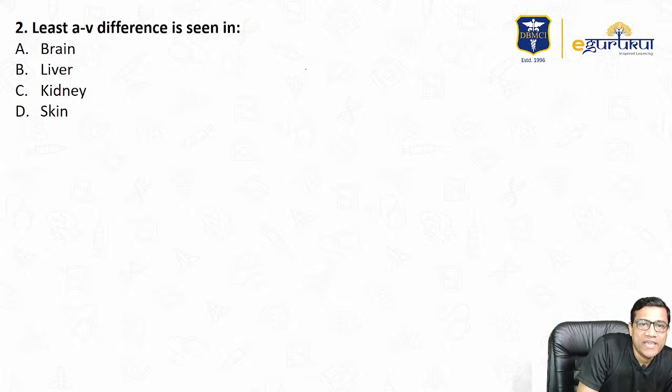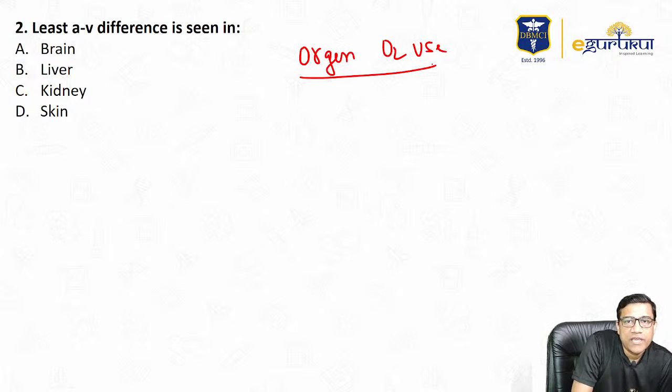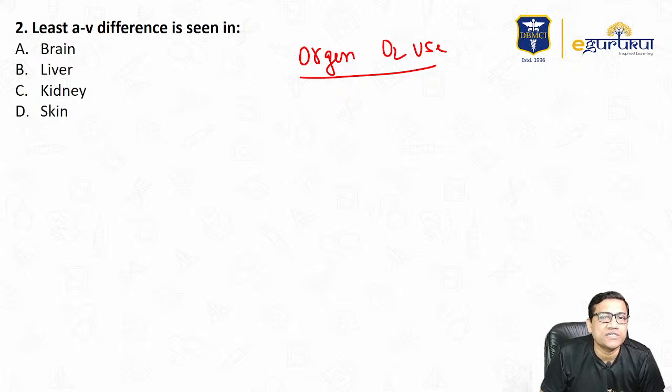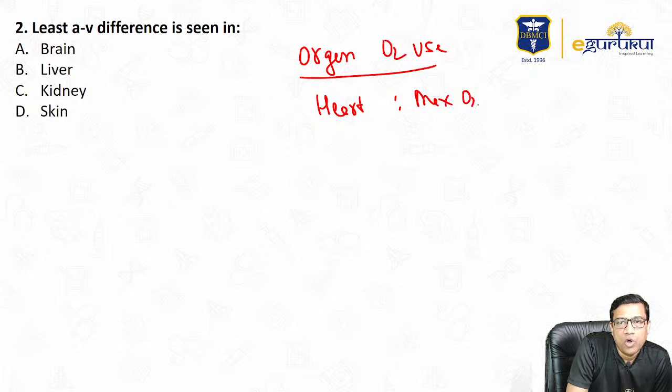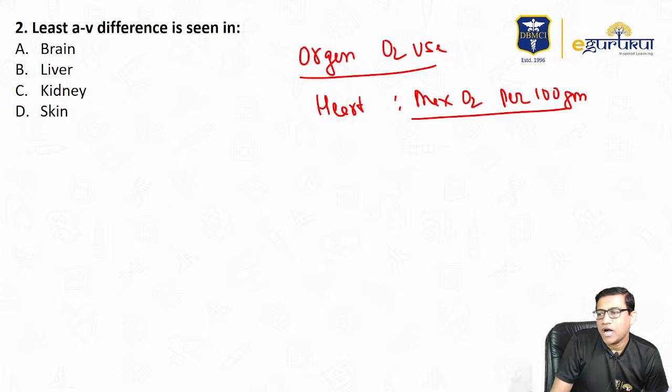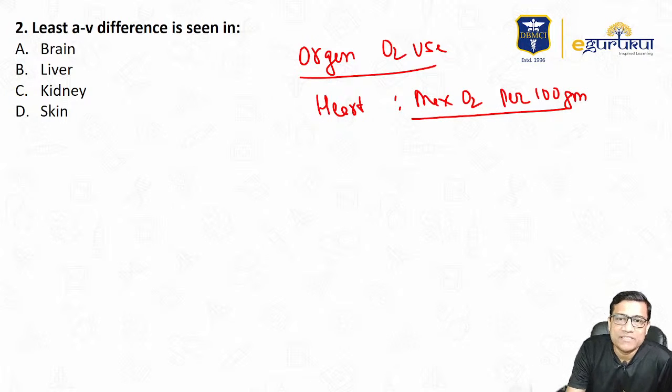Now, the least AV difference. Remember, AV difference depends on the organ's oxygen use. If an organ uses lots of oxygen, the AV difference would be very high. That's why the heart has the maximum oxygen use per 100 grams, so the heart will have the maximum AV difference.